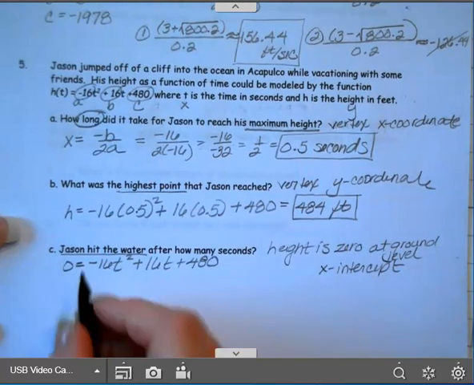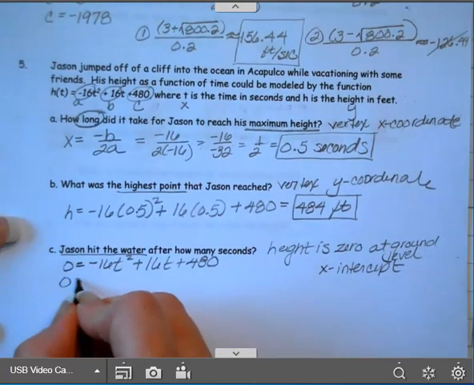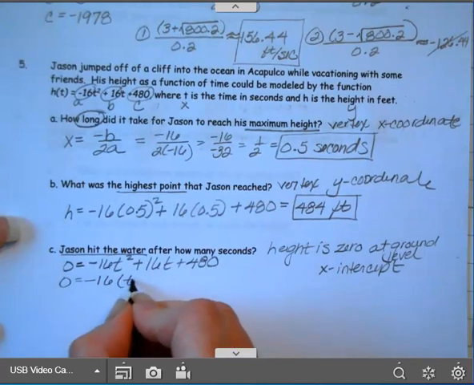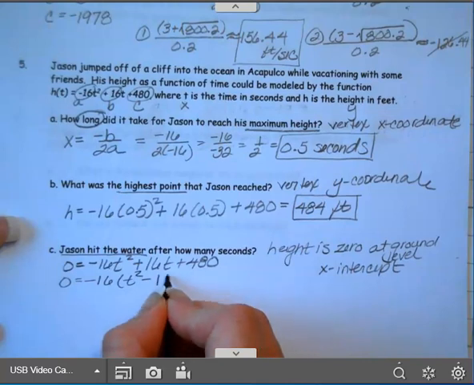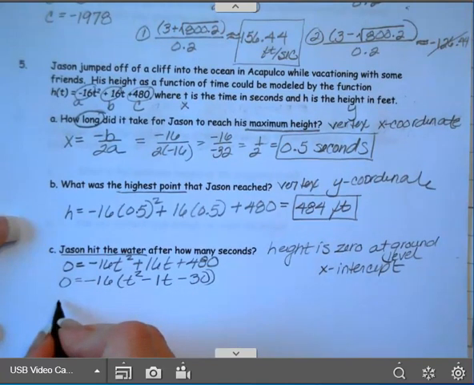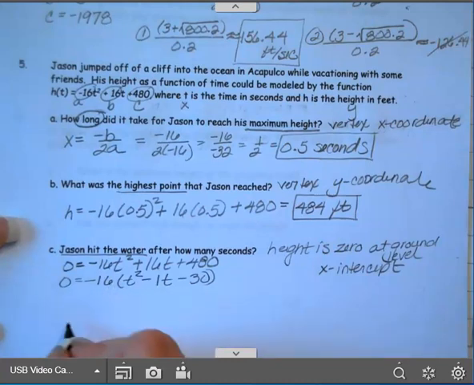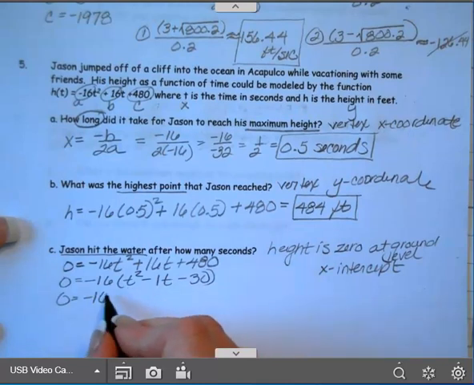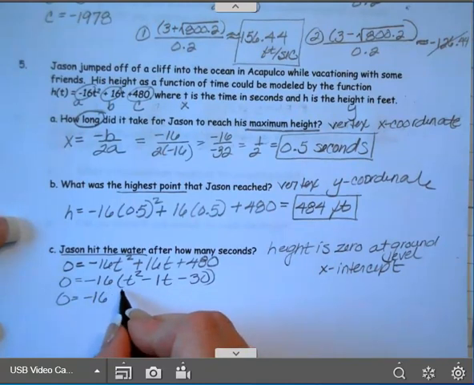And this does factor. I can take out a negative 16 from everything, and I'll be left with t squared minus 1t minus 30. You could divide both sides by negative 16 and get rid of that. That negative 16 doesn't do anything for the x-intercepts. There's no letter on the outside, so that won't affect it.